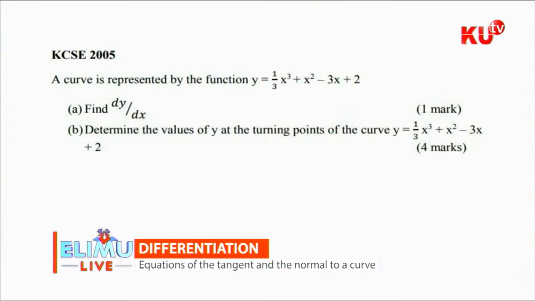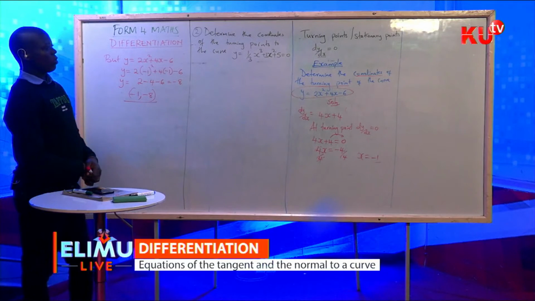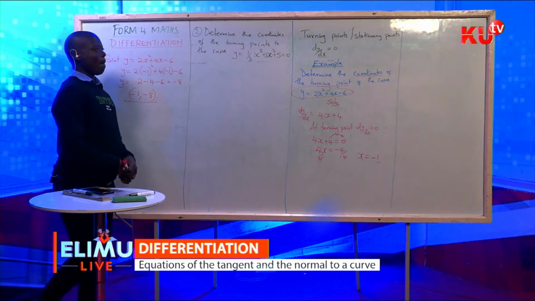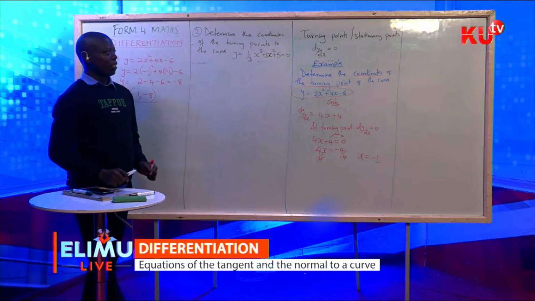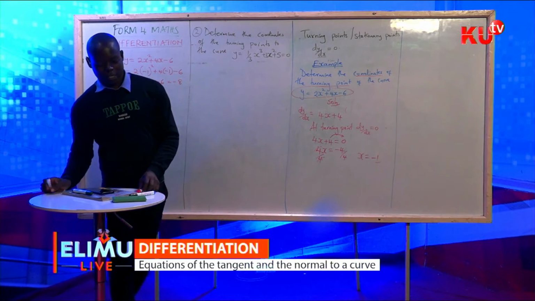We have a third x cubed plus 3x squared plus 5 is equal to 0. Yes, the first question.